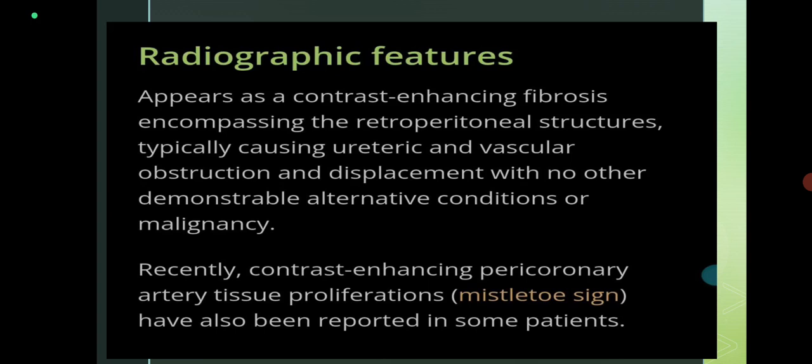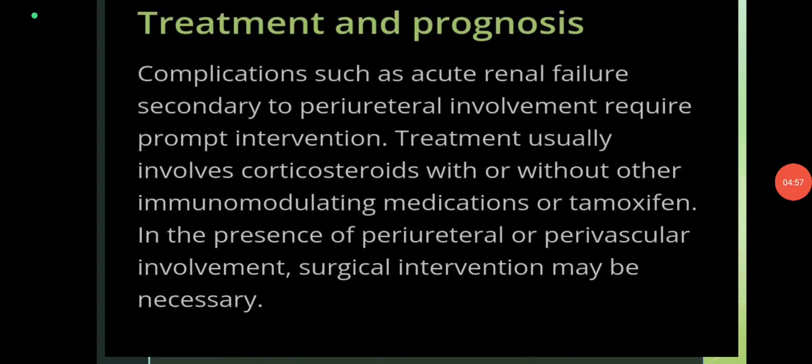Contrast-enhanced periaortic tissue proliferation, the mantle sign, has been reported in some patients. The disease can lead to acute renal failure due to periureteric involvement, and this requires urgent intervention.